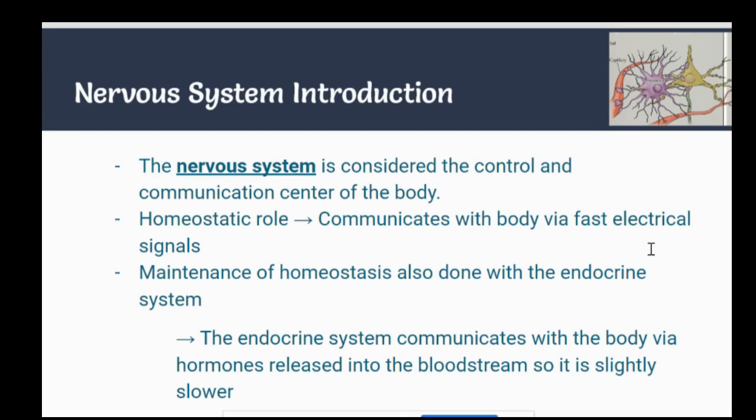The postman's got to pick it up, take it to the post office, and then it eventually arrives where it needs to go. Obviously, the endocrine doesn't use a mailman, but it uses the bloodstream. The endocrine system uses hormones that are put in the blood, and it takes a while for those hormones to travel through the blood to its target organs or effectors. Whereas the nervous system is an electrical signal through neurons, which happens much, much faster.